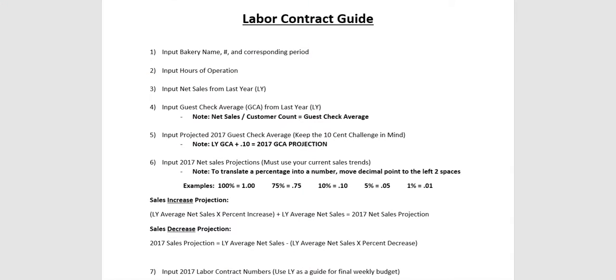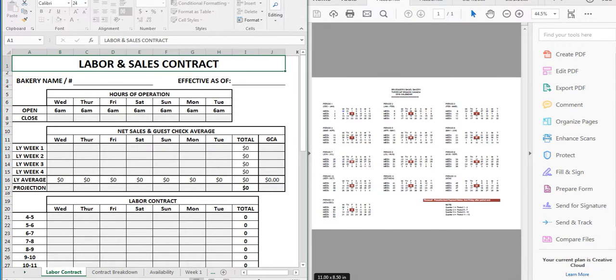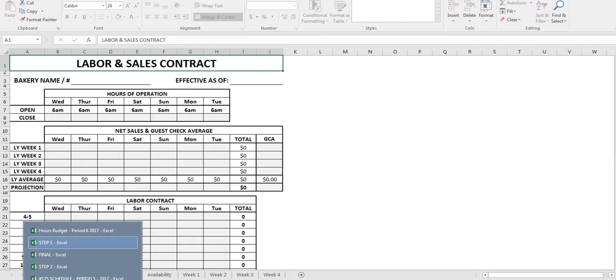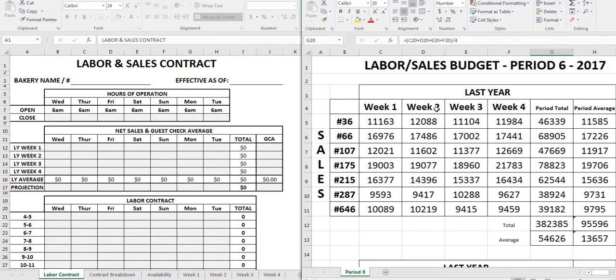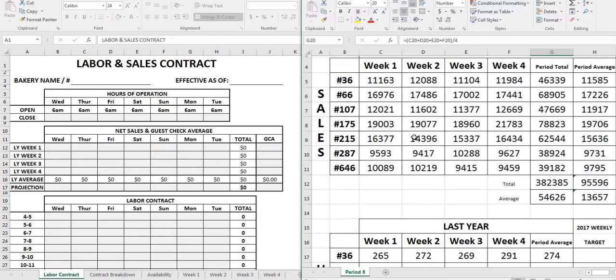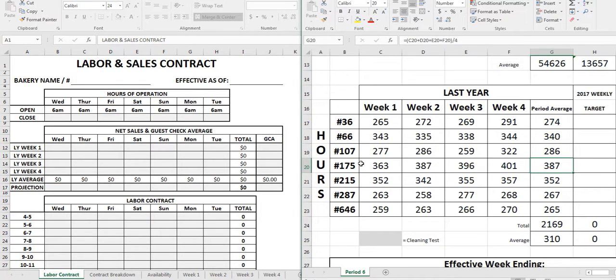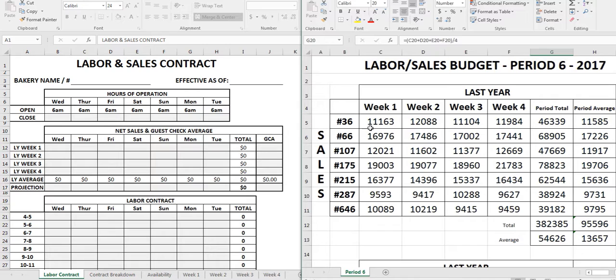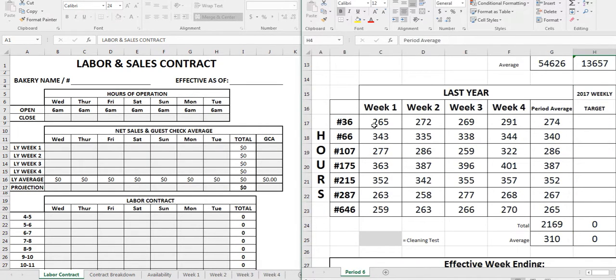Your area manager will be emailing you a blank schedule every week one of every period, along with a labor hour budget, which you should have all seen something like recently. It shows what your sales were last year for week 1, week 2, week 3, and week 4, along with your period total and your average. Same thing with your hours: the amount of hours that we used week 1, week 2, week 3, week 4, and the period average hours as well. So you have some information to work with.